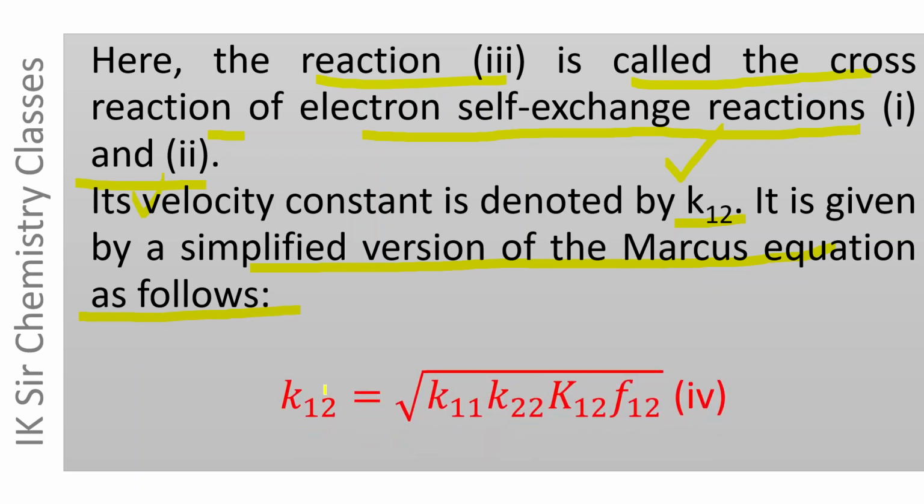K12, the velocity constant for the cross reaction, is equal to the square root of K11 multiplied by K22 multiplied by capital K12 and multiplied by F12. This is equation number 4, and the terms involved in this equation 4 are discussed on the next slide.